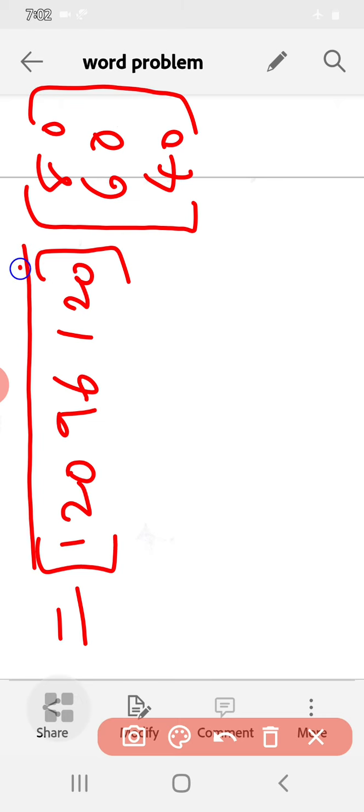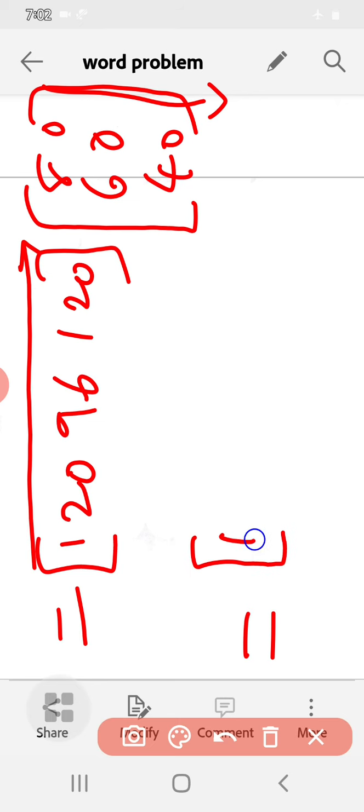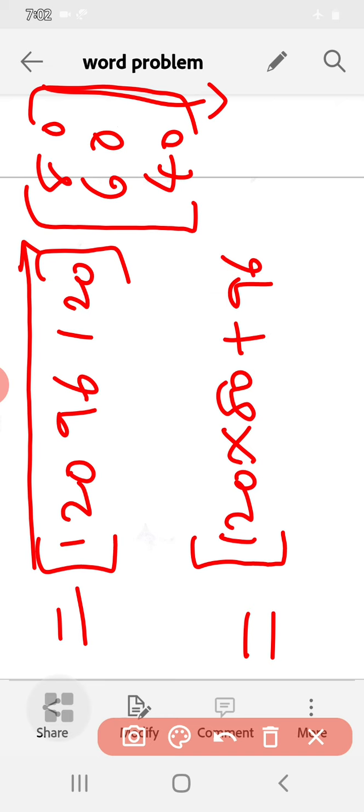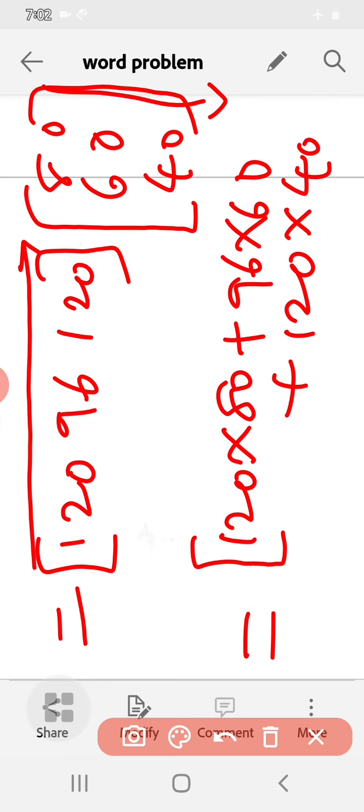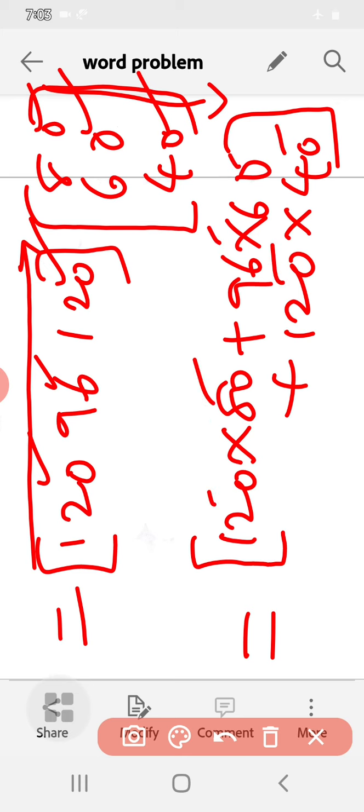Here only one row is there, so it is one row and one column, and I can multiply it easily. I put the bracket here: 120 into 80 plus 96 into 60 plus 120 into 40. So I have written all this multiplication here.